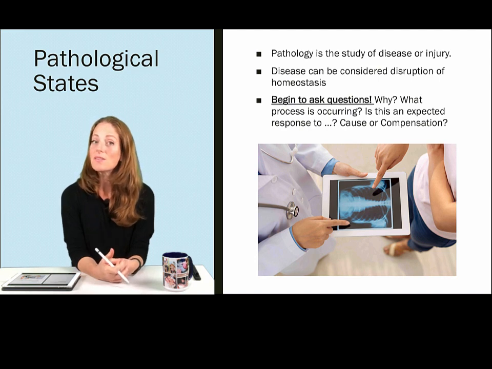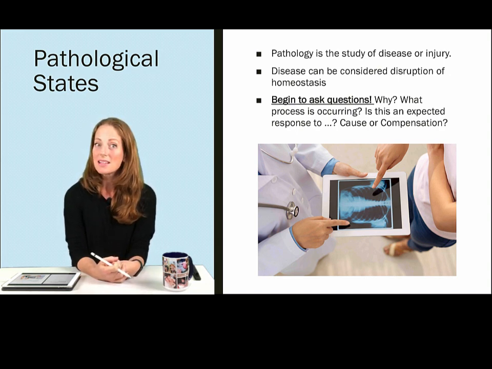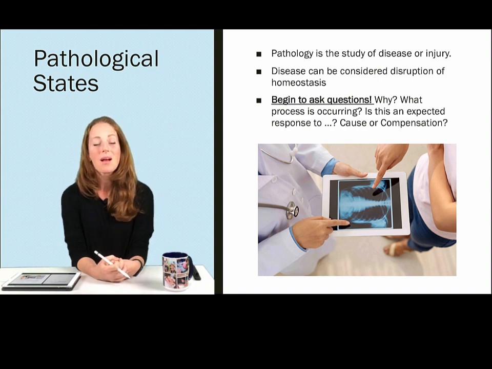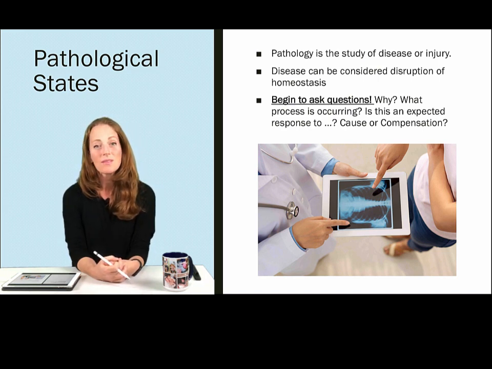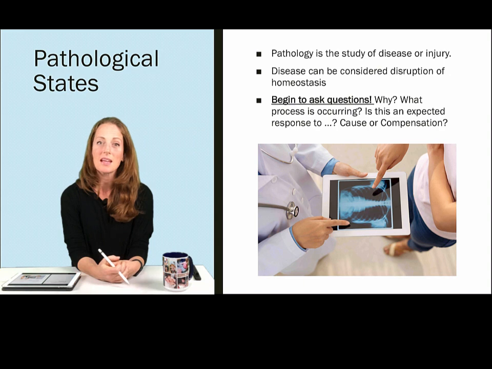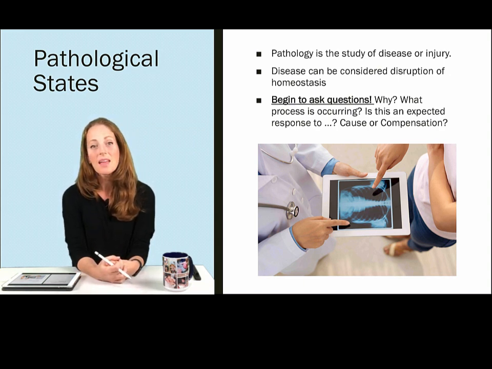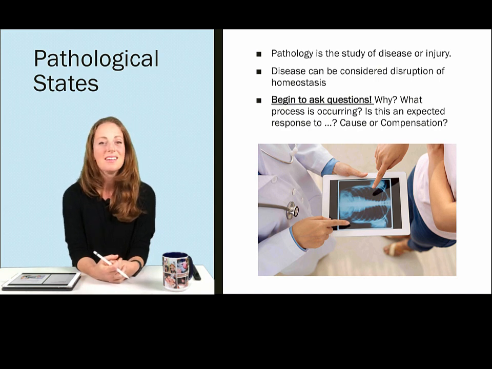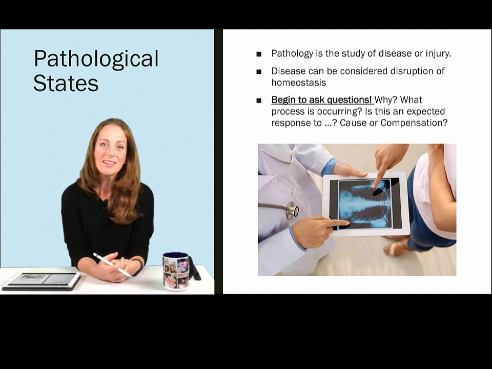Is it the center of the change or the cause of the change? Or is it secondary to some other change? What would be expected if you can start tracking the processes that you think may be going on? And this is where looking at the molecular, cellular physiology helps us understand what's going on in a particular disease process. And that's where we link pathology to physiology and start studying pathophysiology.